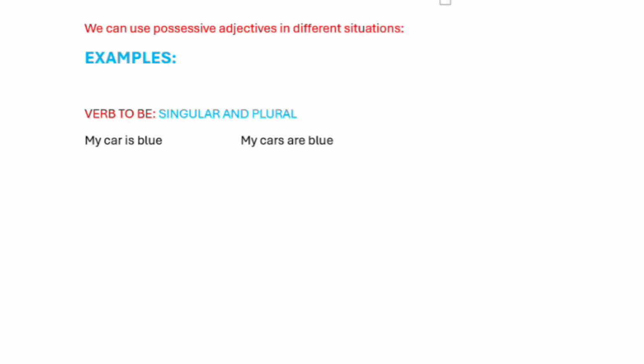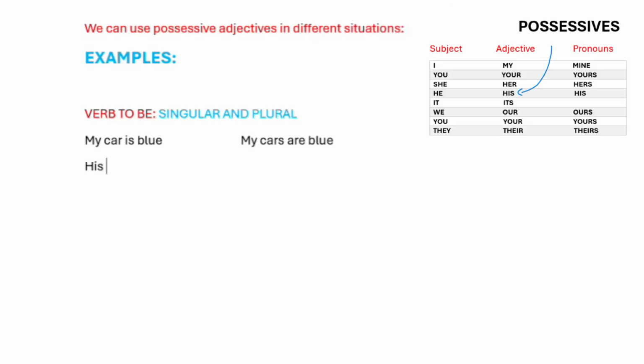Okay, I'm gonna choose he. It's an example. His book is orange. And in this case, his books. Hold on. His books are orange. Amazing. Yeah, look at it.